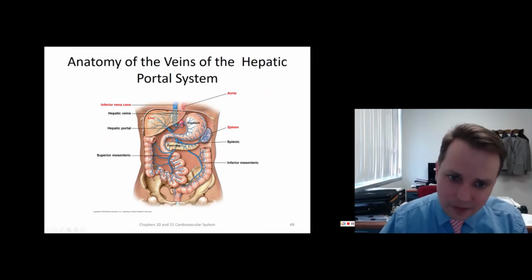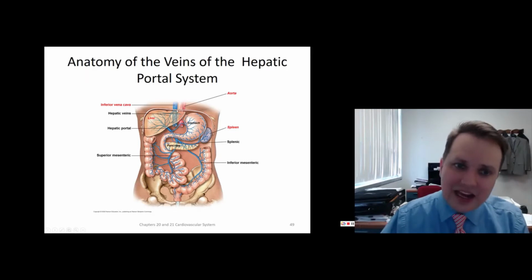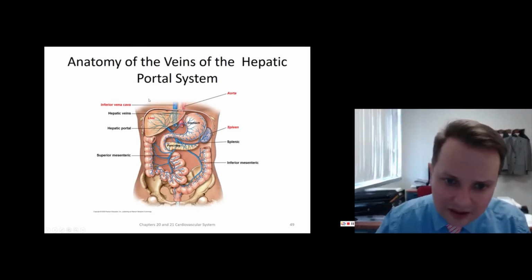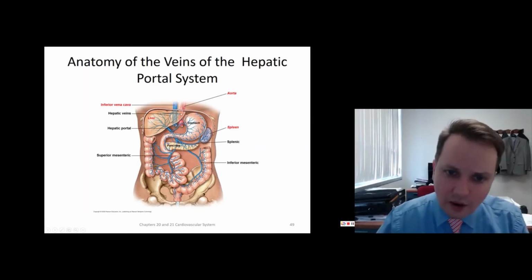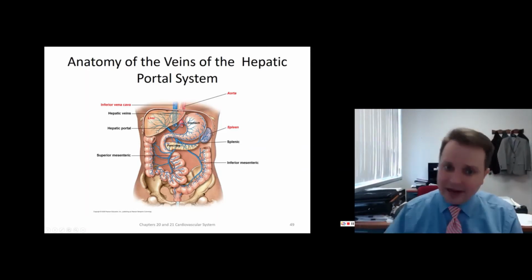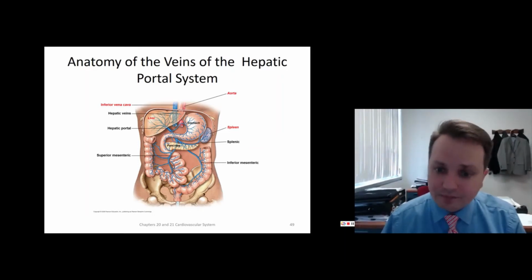And then from the liver, there's a set of veins called the hepatic veins that get that blood into the vena cava, take it to the body. So this is how we can get some of that material from the liver, like liver proteins, things like that that get picked up by the liver, and other things that the liver produces.